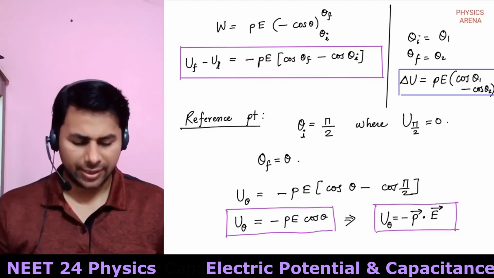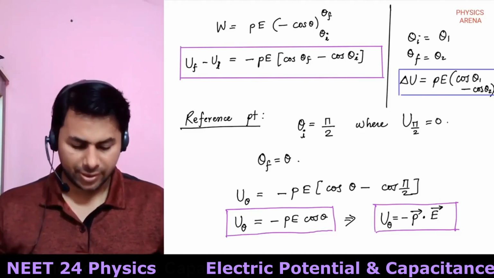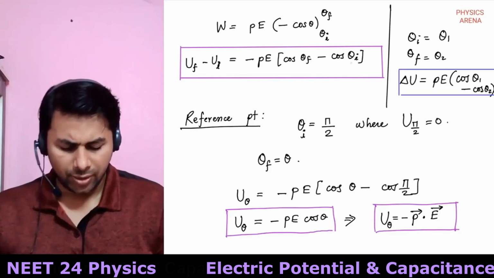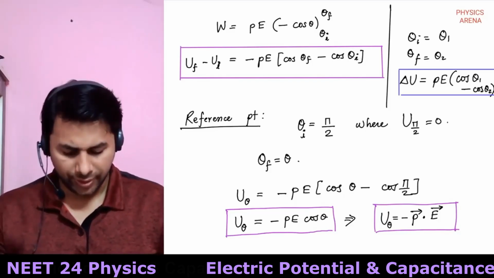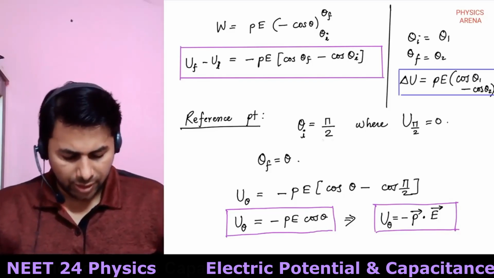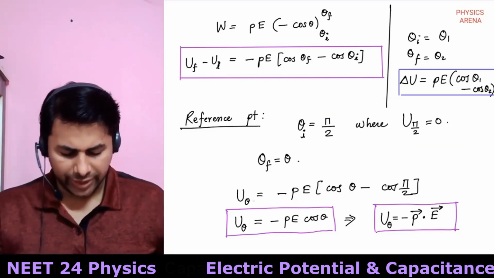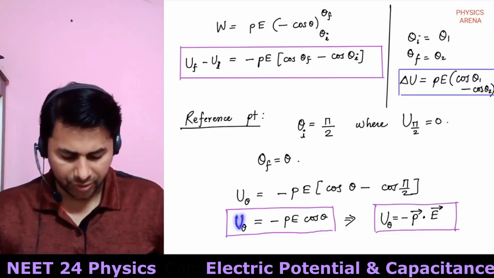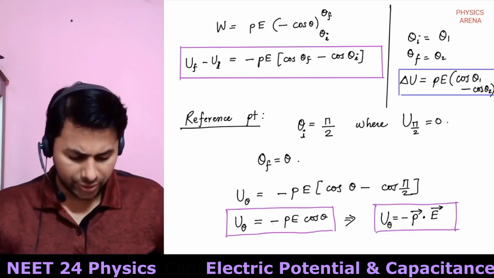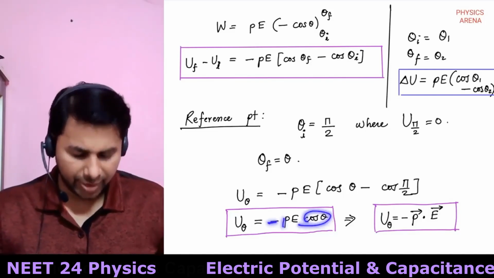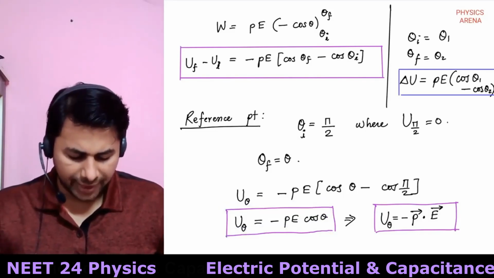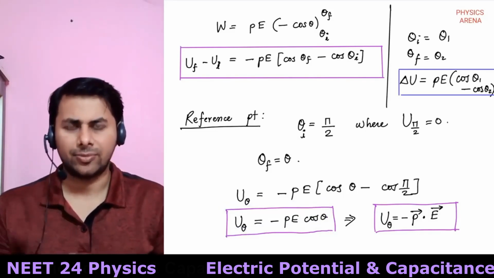When the dipole is aligned perpendicular to the electric field, the potential we consider to be equal to 0, because cos of 90 is equal to 0. So by defining it that way, we get a simplified formula for U at a particular theta. And what is that? You get minus P E multiplied by cos of theta.